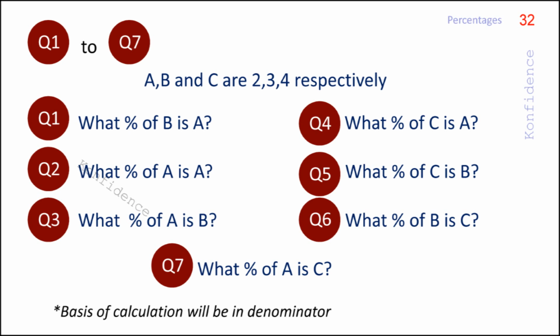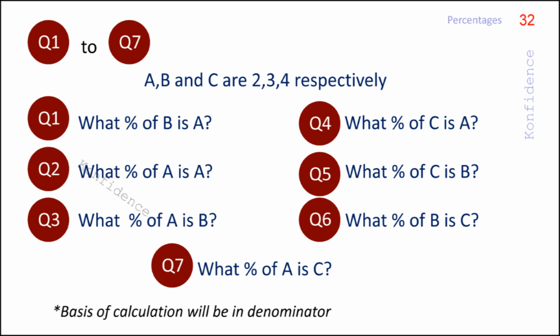What percentage of A is B? Q4. What percentage of C is A? Q5. What percentage of C is B? Q6. What percentage of B is C? And Q7, what percentage of A is C?